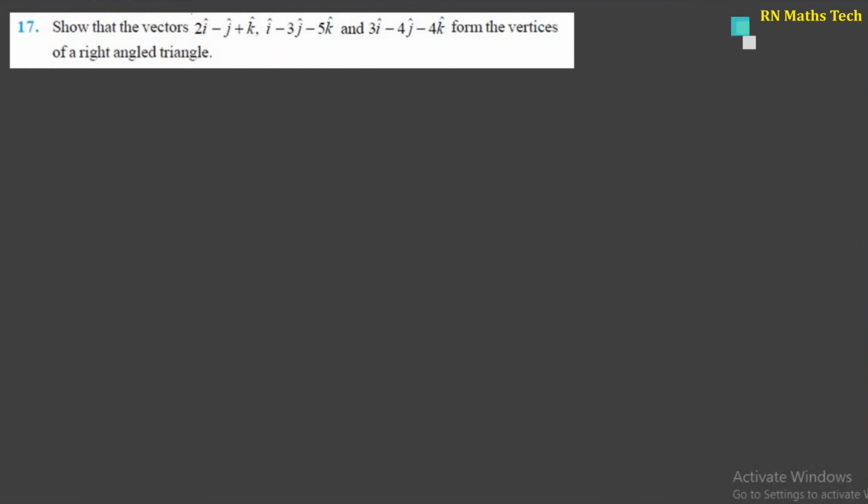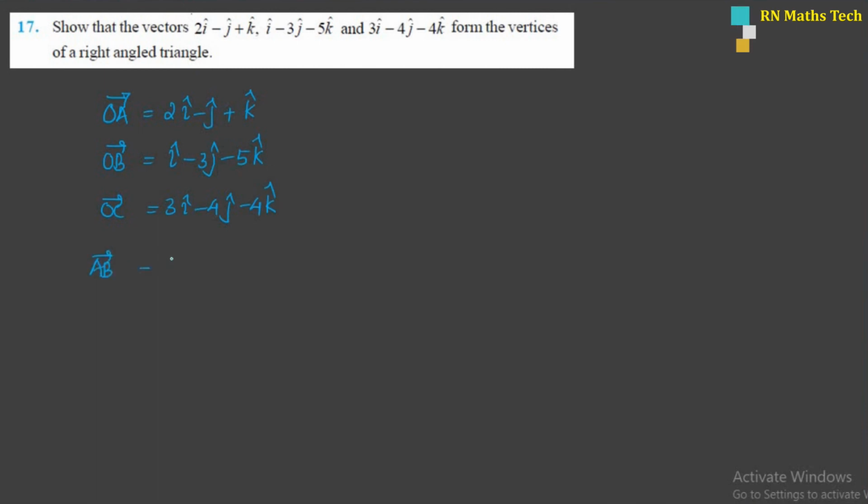Okay. So since these points are the position vectors of the vertices, let OA be 2i minus j plus k, OB equal to i minus 3j minus 5k, OC equal to 3i minus 4j minus 4k.